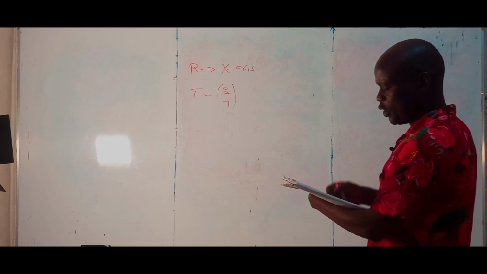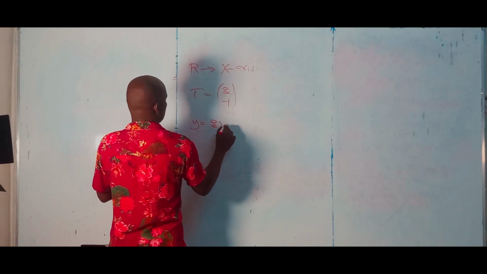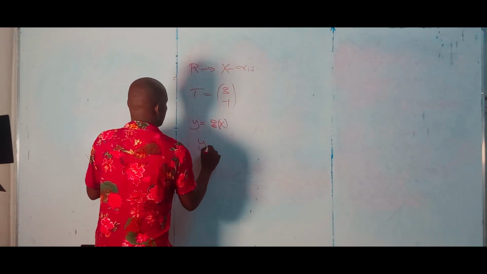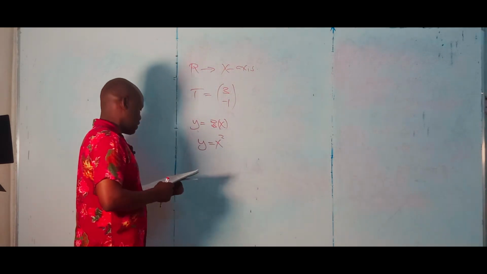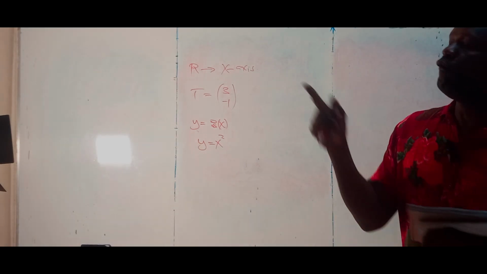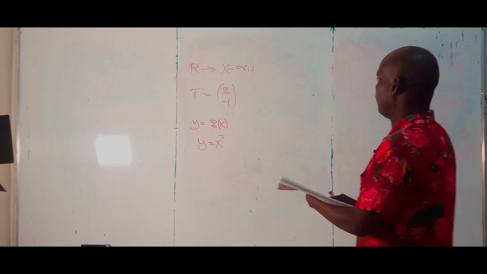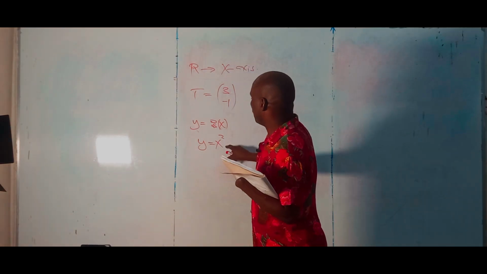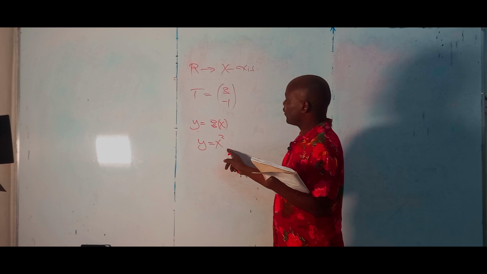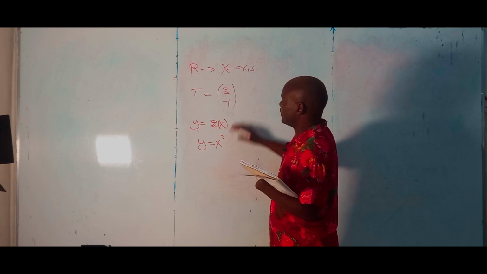Then we are told, find the equation y = g(x) of the curve with the equation y = x squared after it has been transformed by the sequence of transformations R followed by T. First we apply R. Having drawn the curve y = x squared, we first reflect it in the x-axis.